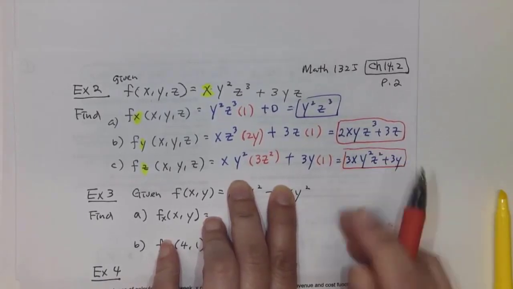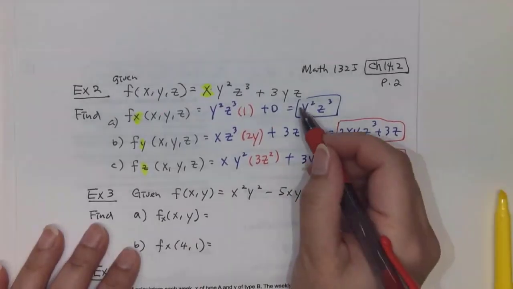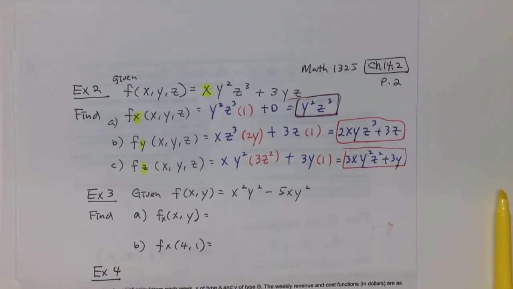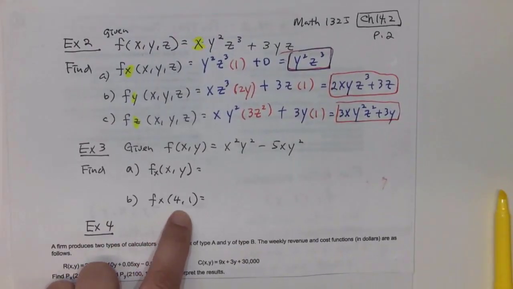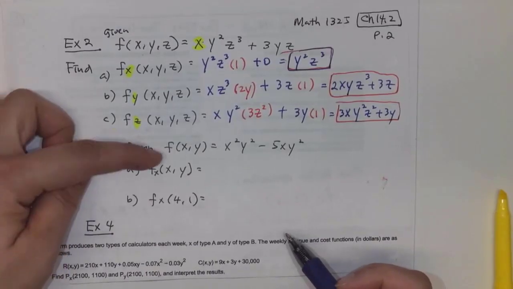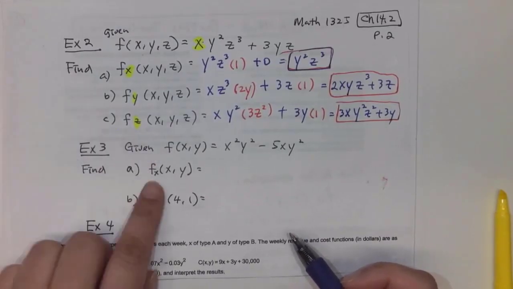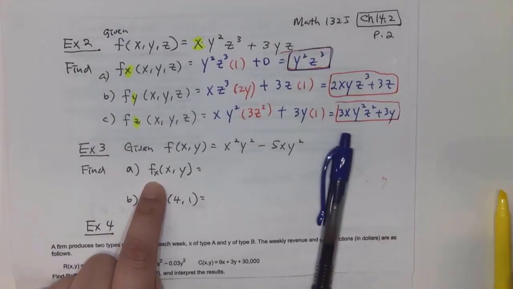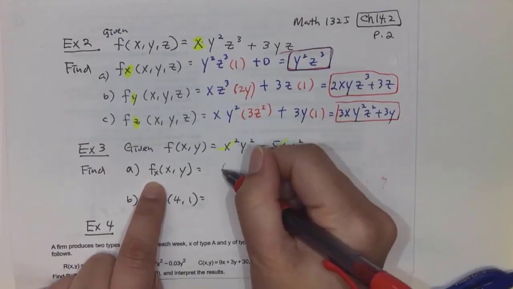It's a little bit confusing at the beginning, but hopefully after a little bit of practice, you can do a basic one like that. And we also want you to be able to plug in numbers, okay? This is example number 3. This is your function, with both x and y. We are taking the derivative with respect to x, so the x part will become 2x.